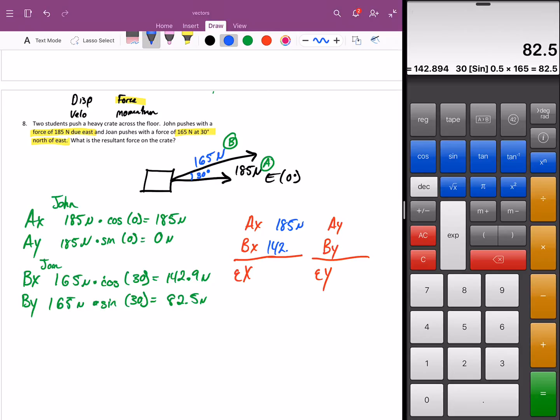BX, 142.9 newtons. Add these two together: 327.9 newtons. AY, 0. BY, 82.5. Now this is equal to 82.5 newtons.